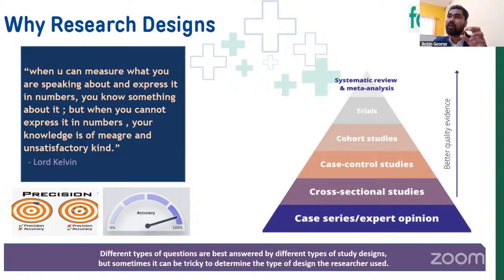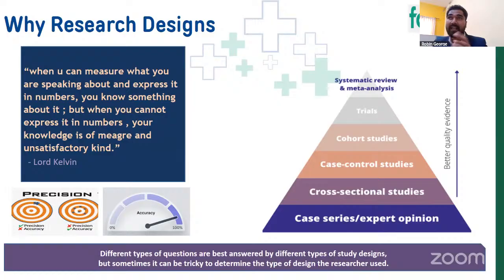So how can we give a correct and precise answer? It is by doing research. Research will answer your research questions or provide a solution to a problem. In research, we are trying to solve a problem or answer a question. Different types of questions are best answered by different types of study designs.